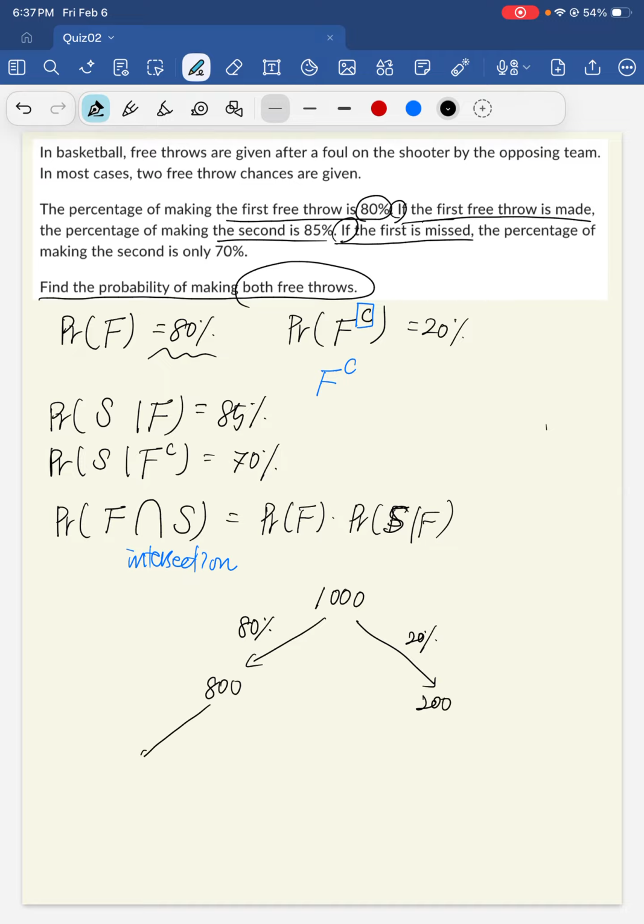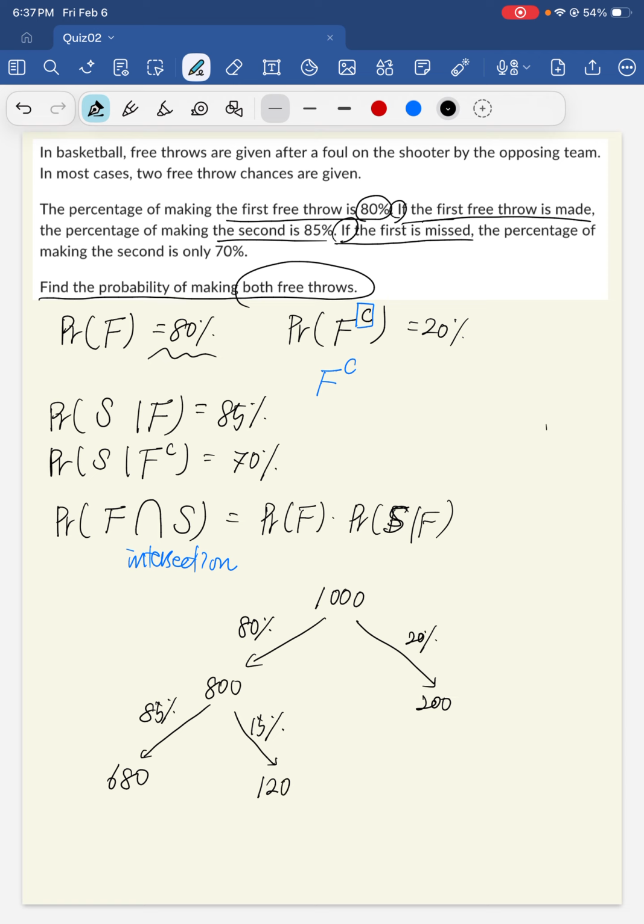And out of the 800 chances of the second free throw, you make 85% and miss 15%. Okay, 85% of 800 equals 680, if I'm right. I may be wrong. And the other is 120.